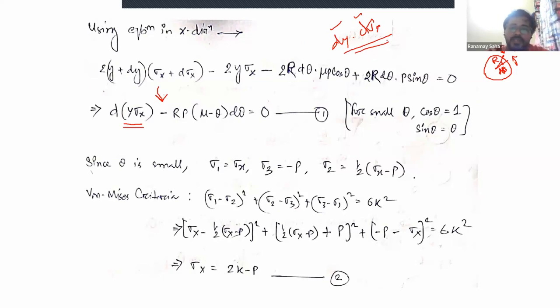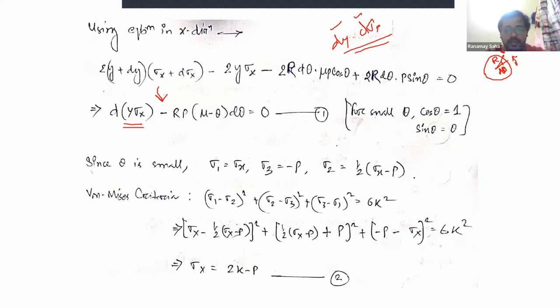So just ignore this type of terms and take out the other terms, and you finally get differential of y into sigma x, minus the radius of the roll R, into p, the normal force acting on the strip, multiplied by the difference of the friction coefficient and the angle at the center, theta, multiplied by d theta, equal to 0.